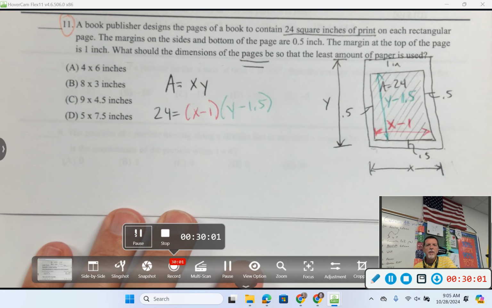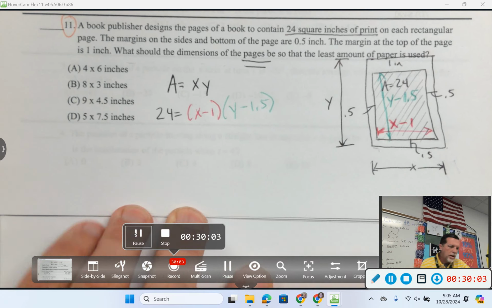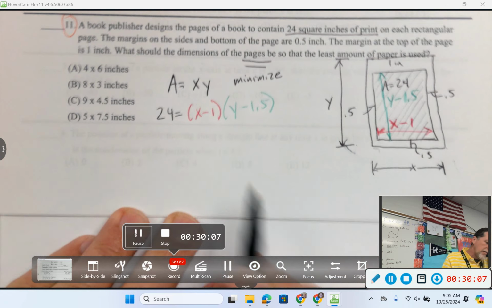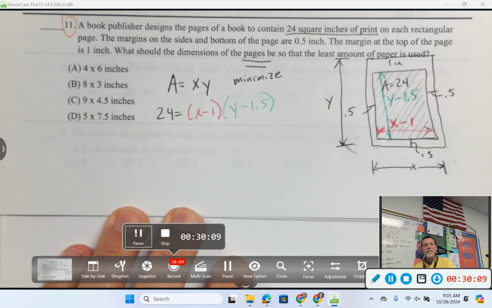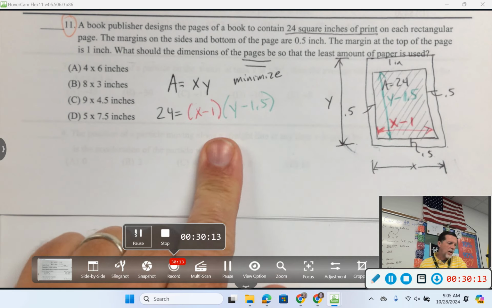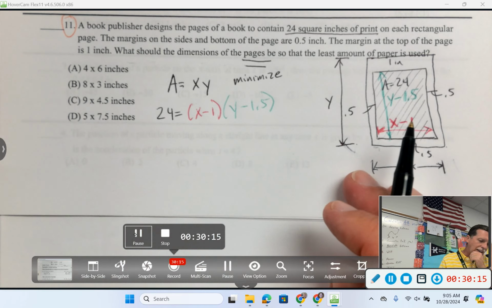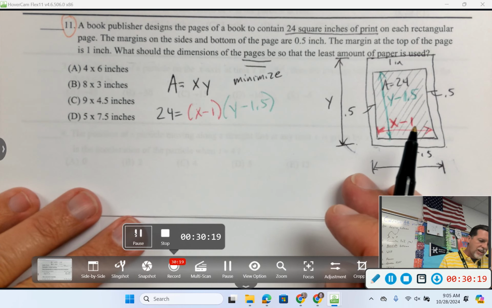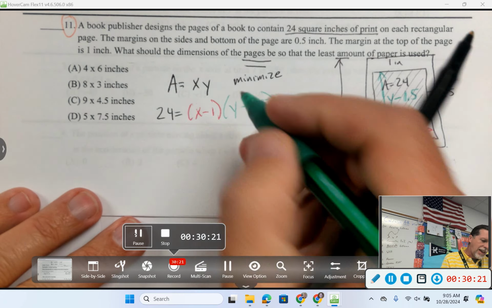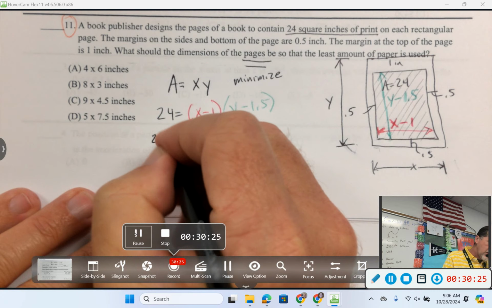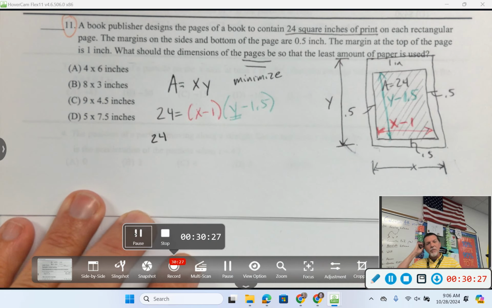Okay, so I want to minimize XY. That's the one I want to take a derivative of, but not yet because I've got X's and Y's. So I need to solve this for X or Y. Neither one of those looks great. I guess let's solve for Y. I don't want to FOIL that out because that would make it worse of a mess.